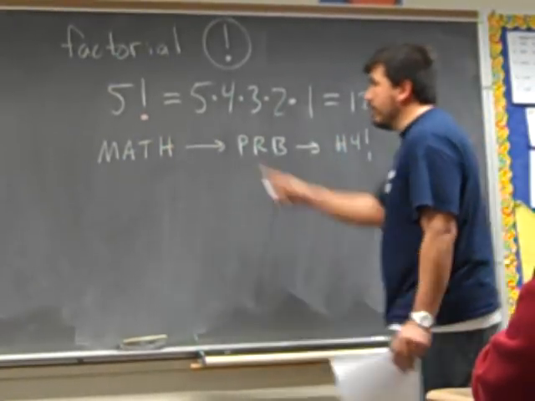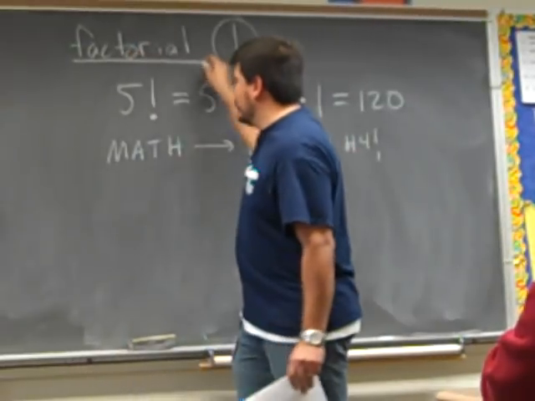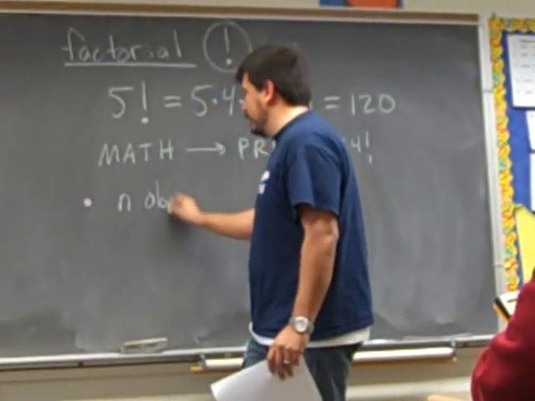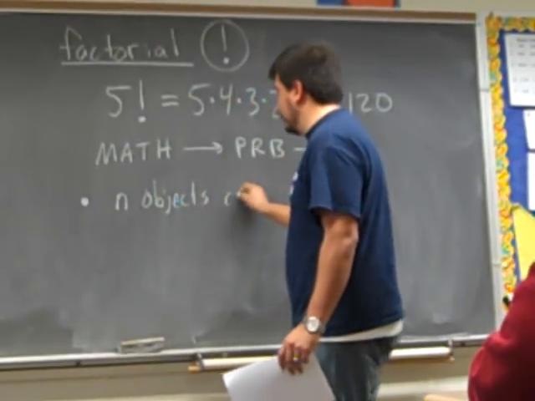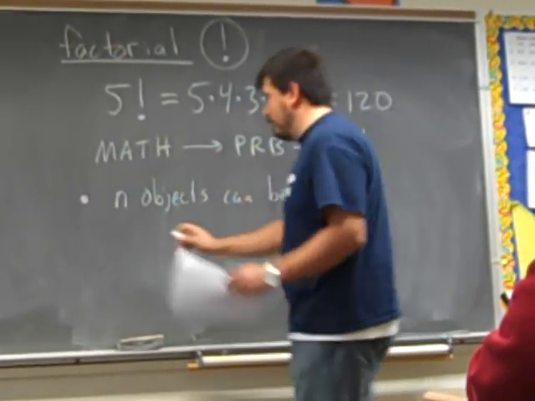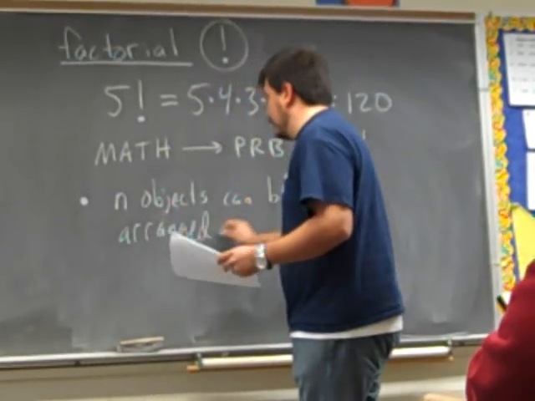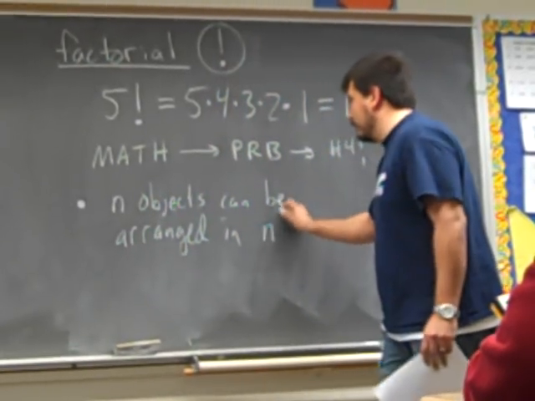Okay. One other thing that I'll add in the factorial section is this. N objects can be arranged in n factorial ways.